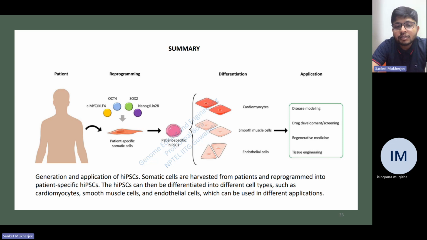When you give these factors, you expect that iPSCs are developed. Now these iPSCs, which have, let's say, the faulty genes, you will correct the gene using, let's say, CRISPR, which is the most used method, or any other genome editing method, and then you will differentiate the cell into the cell type you want. So that's the idea behind this.